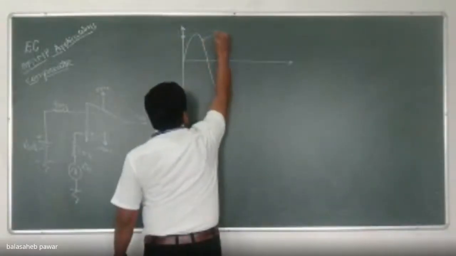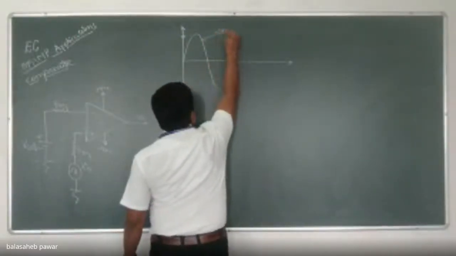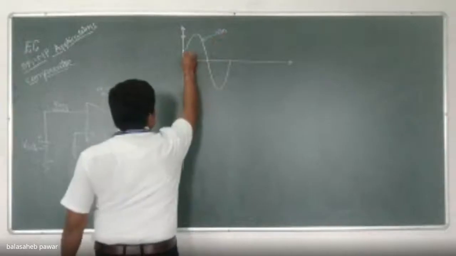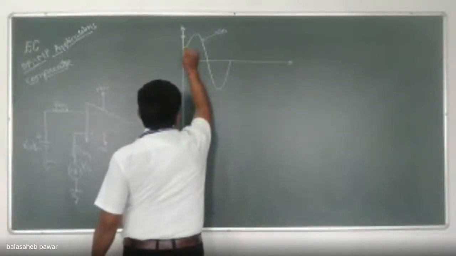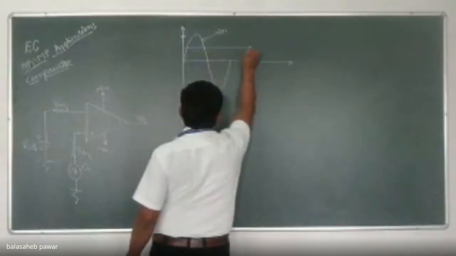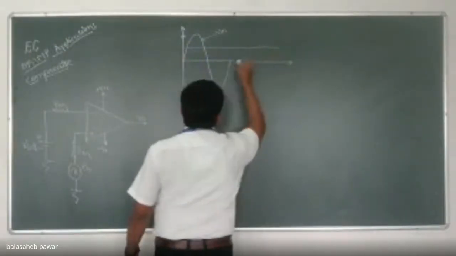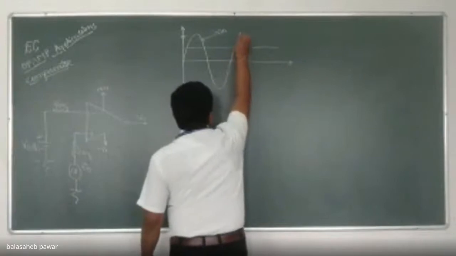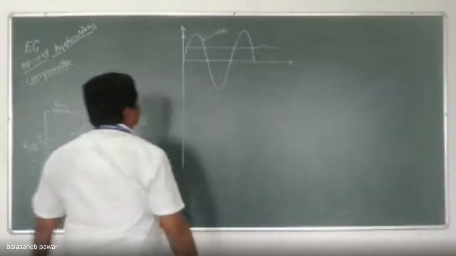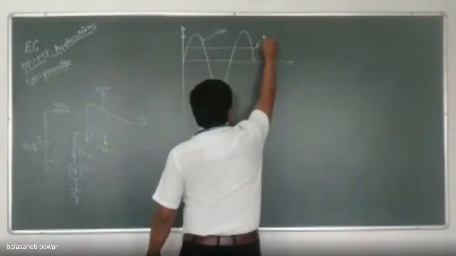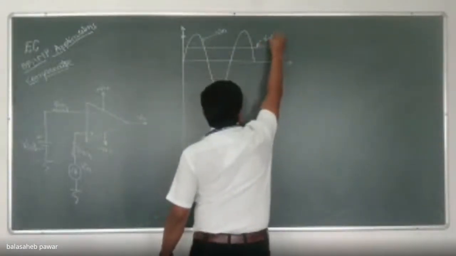This is my V in, a time varying signal, and another signal is V reference, which is a DC signal. I will show it like this. This is our V reference.